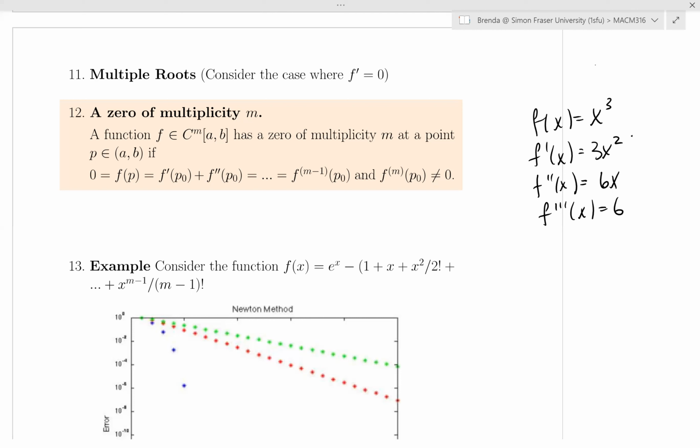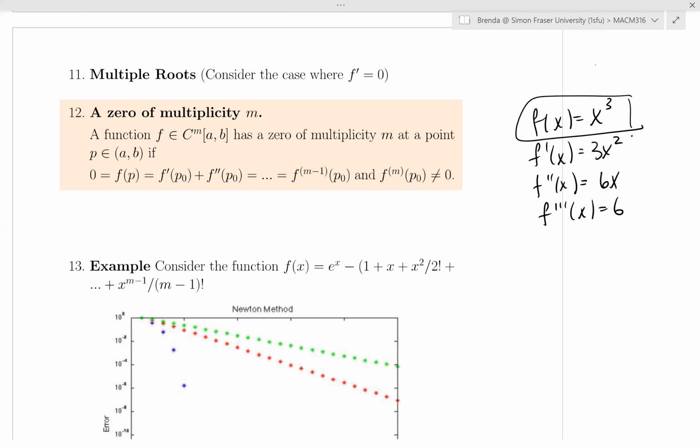Okay, so we want to identify this situation where we say here the root has multiplicity of 3. You can think like every polynomial has degree n number of roots. So every cubic has 3 roots. And if it doesn't have 3 distinct roots, we say that it has one root with a multiplicity of 3. That's what this is telling you.